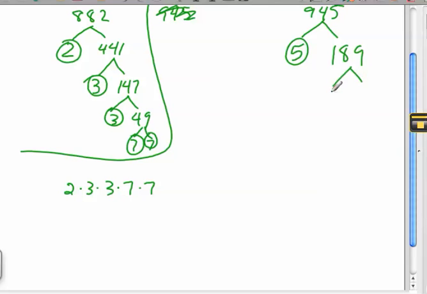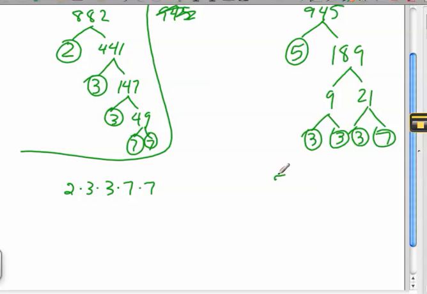I think 9 goes into that 21 times. 3 and 63 would work too. Sure. It doesn't matter. We're always going to come down to the same numbers. This is 3 times 3. And then this is 3 times 7. So I'm going to get 5. I'm sorry. Remember, least to greatest. 3 times 3 times 3 times 5 times 7.